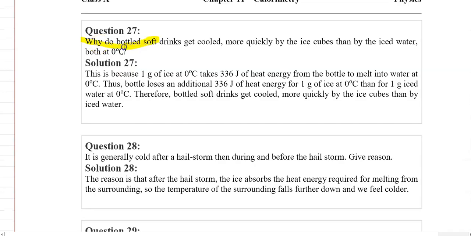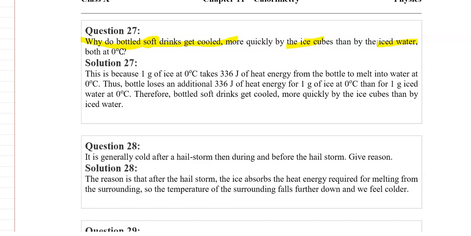Why does a bottled soft drink get cooled more quickly by ice cubes than by iced water? Iced water means water at 0 degree centigrade. We know the ice cube can absorb more heat because it has less heat energy, meaning 80 calorie per gram less than iced water. So an ice cube can absorb 80 calorie of heat energy to convert to iced water.